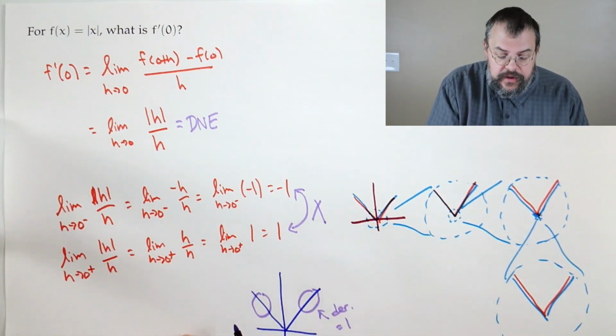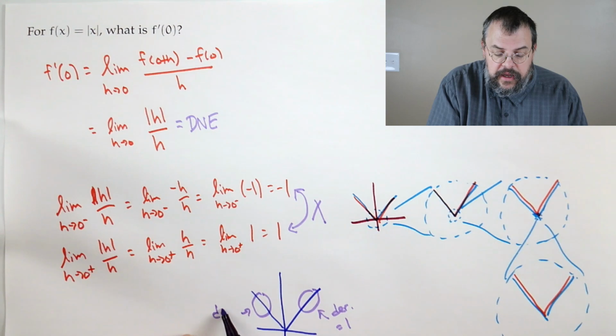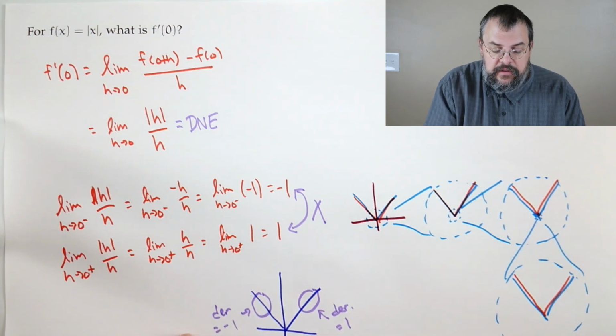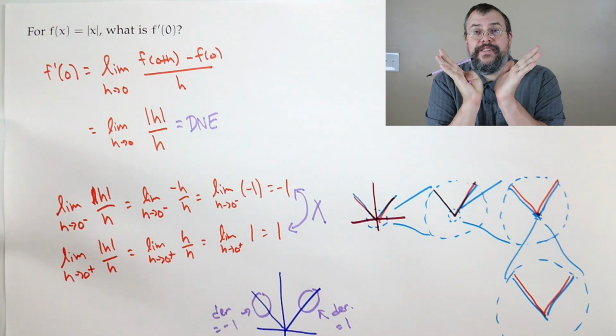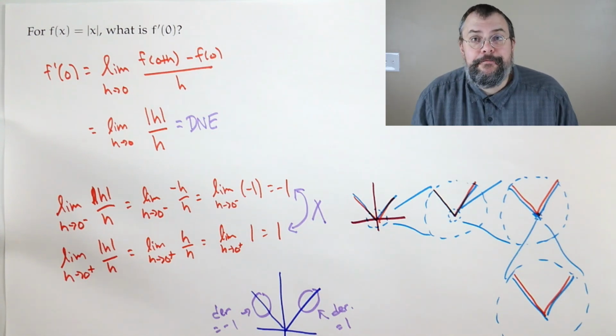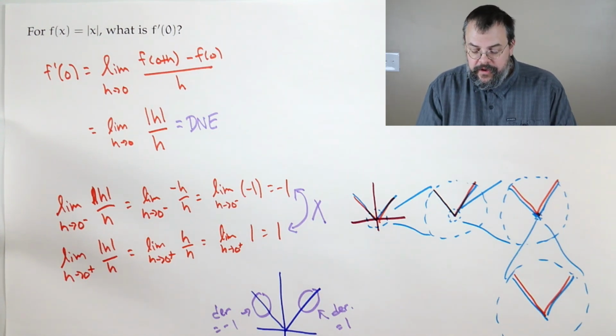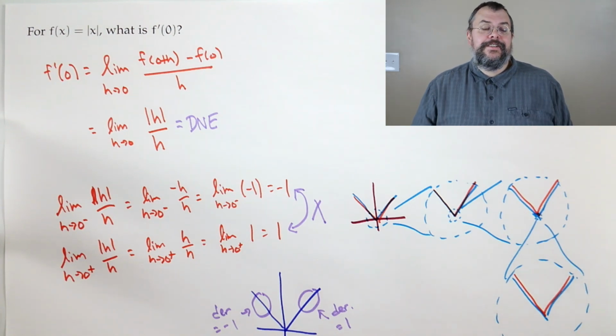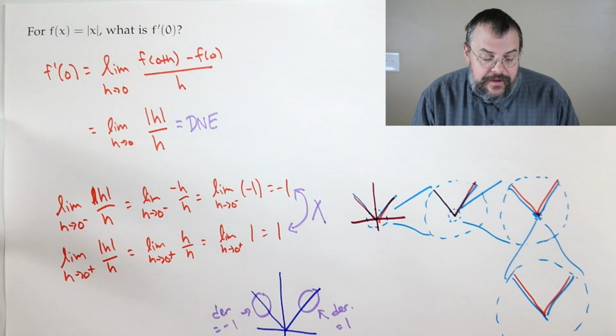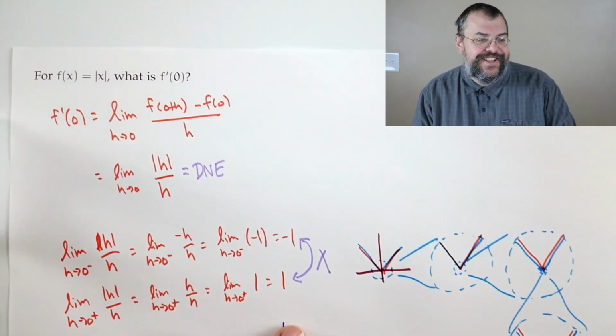And therefore, the derivative on the left-hand side is negative 1. So in essence, the derivative is either negative 1 or it's positive 1. It just depends on which side we're on. And, well, then 0 is that uncomfortable transition stage. So, all right. So that is that problem. All right. Good.